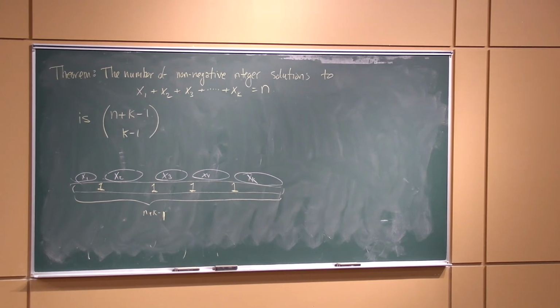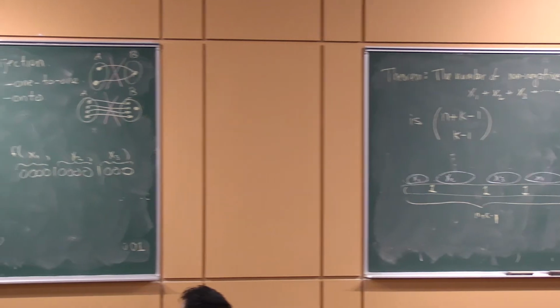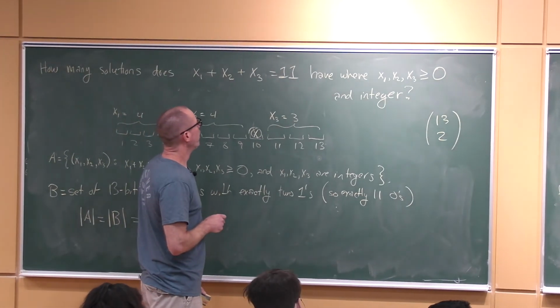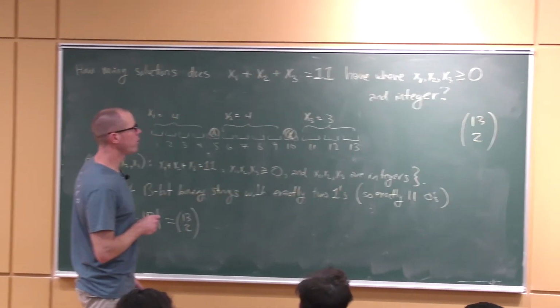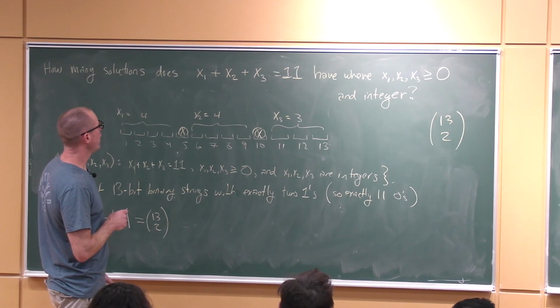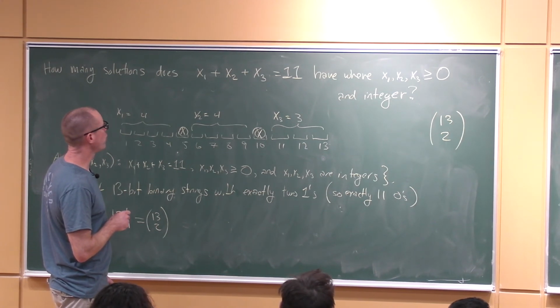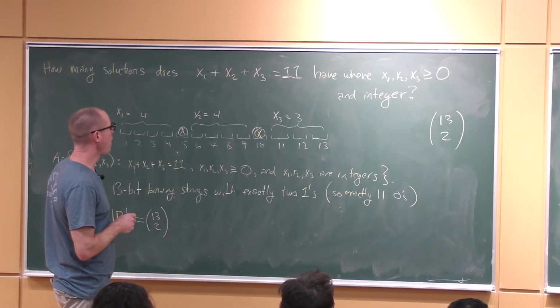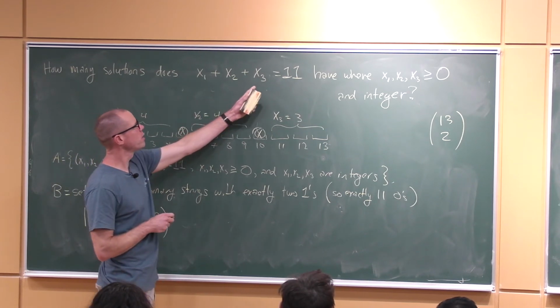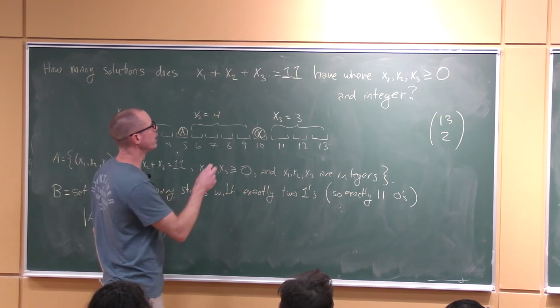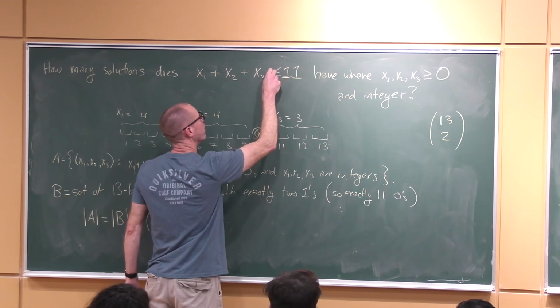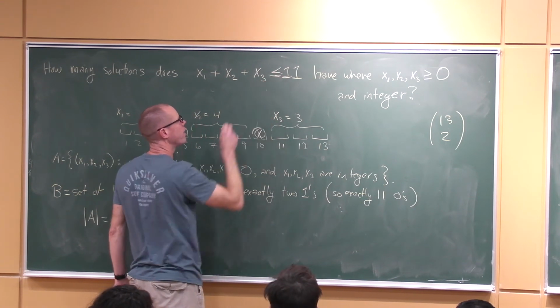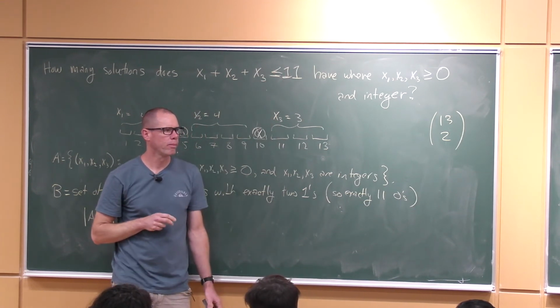Let's see how far we can push this. Good thing is I don't have to erase much. Let's say that I want to go further and say x1 plus x2 plus x3 is not equal to 11, but anything less than or equal to 11.